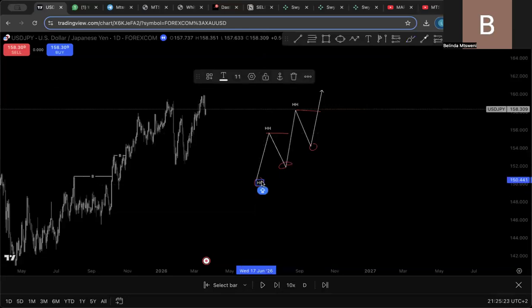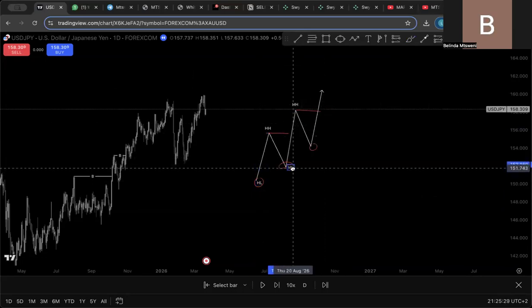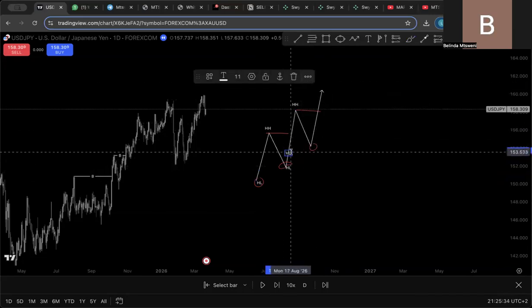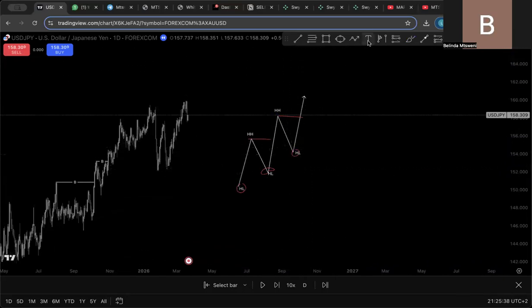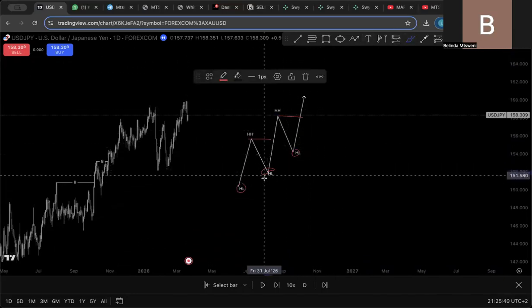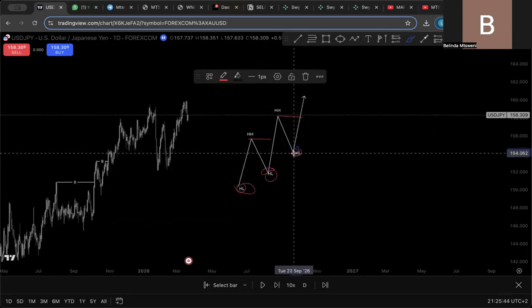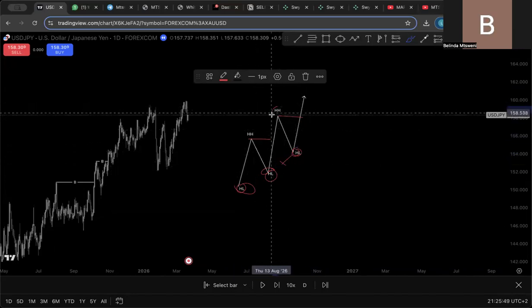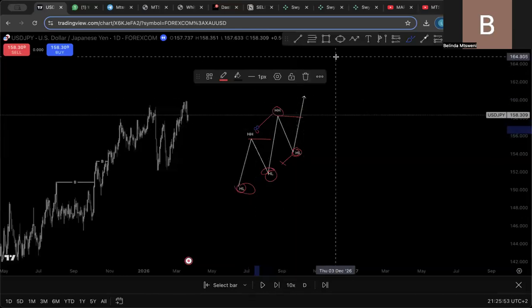Like I said, in an uptrend, price will always respect our higher lows, and these higher lows are our strong lows, meaning that price cannot break these lows whatsoever. This is a higher low because it's higher than this one, and this higher high is higher than this one. That's why we say it's a higher high.